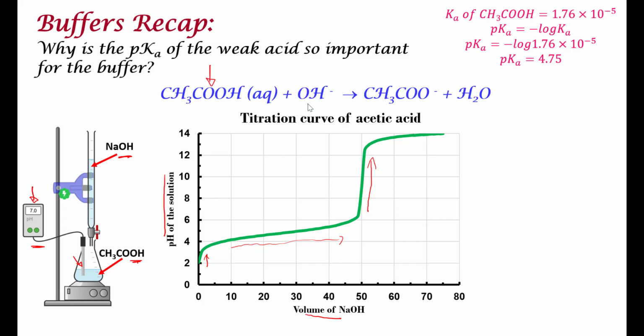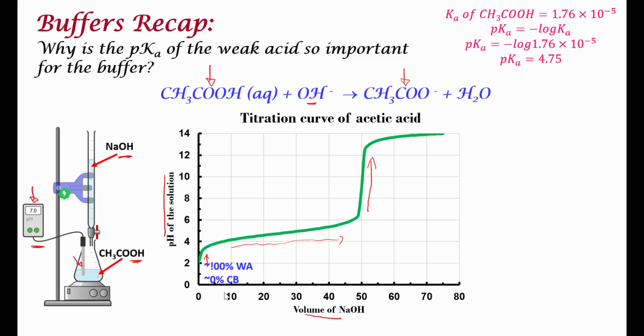We have not added the sodium hydroxide yet. Even so, you're going to have a small amount of acetate ion in the solution because acetic acid is a weak acid. So at pH 2, almost close to 100% is weak acid. Maybe a small percentage is going to be your conjugate base, and that's the status when you begin your titration.